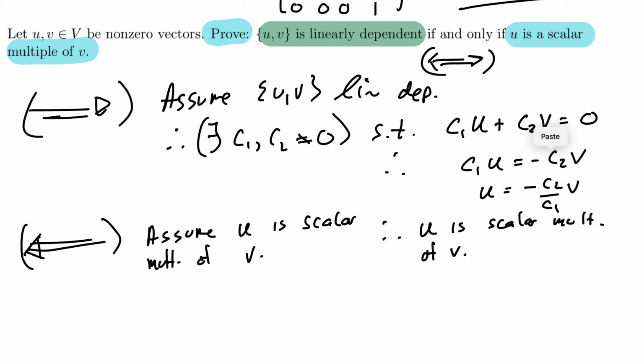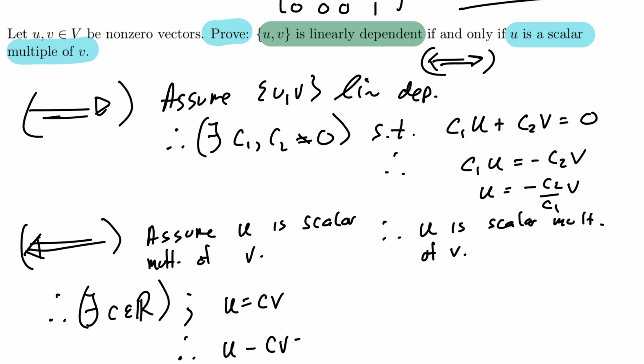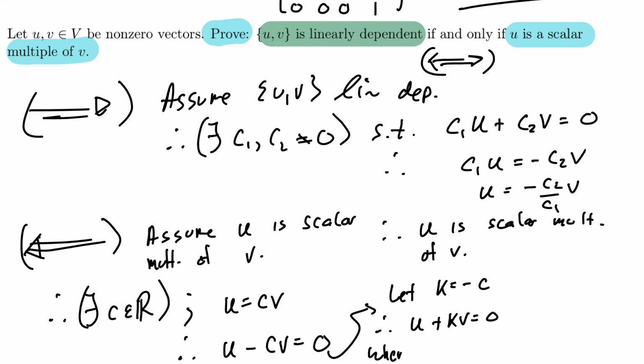Well, if U is a scalar multiple of V, therefore I know there exists some coefficient C such that U is equal to C times V. But therefore, if I bring this to one side, I end up having that U minus CV is equal to 0. If you want to adjust this, I can let K equal negative C, and therefore I have U plus KV is 0, where at least K is not equal to 0.